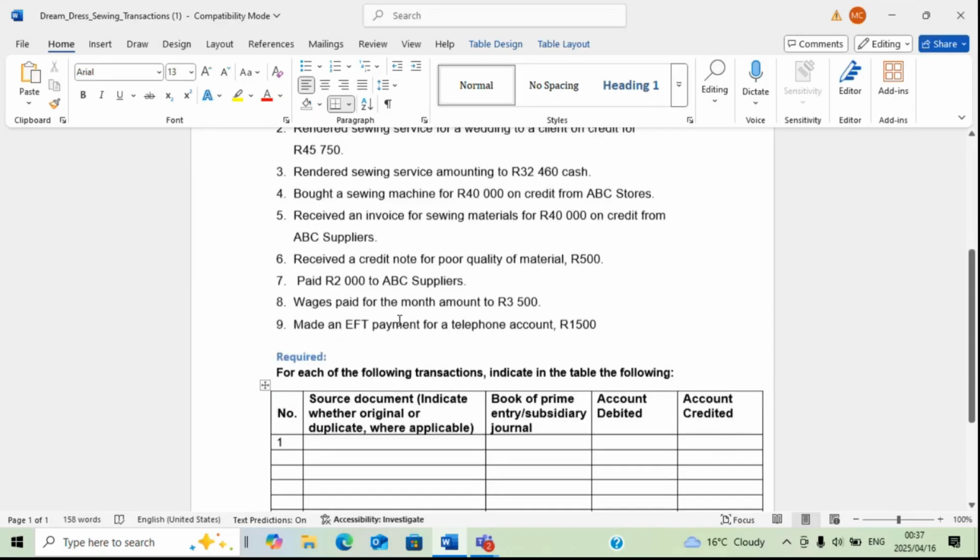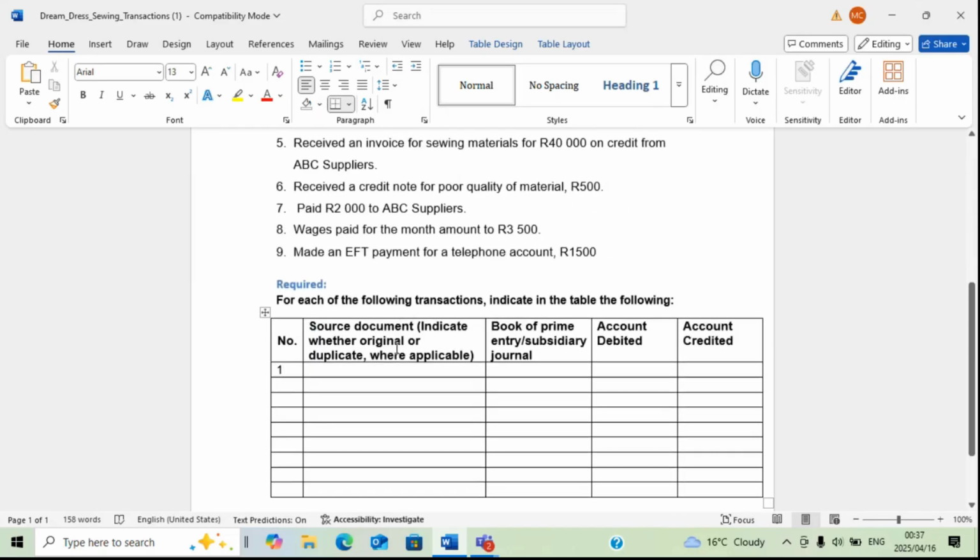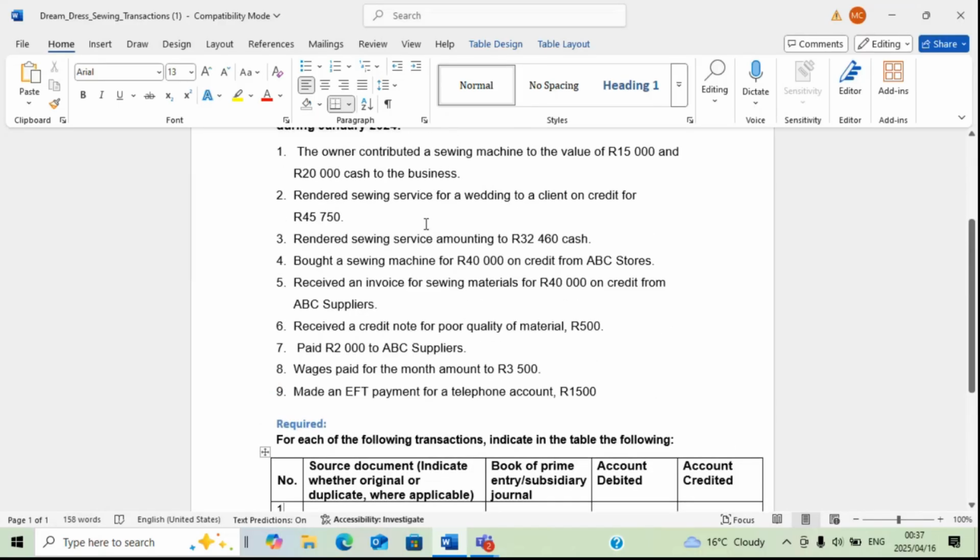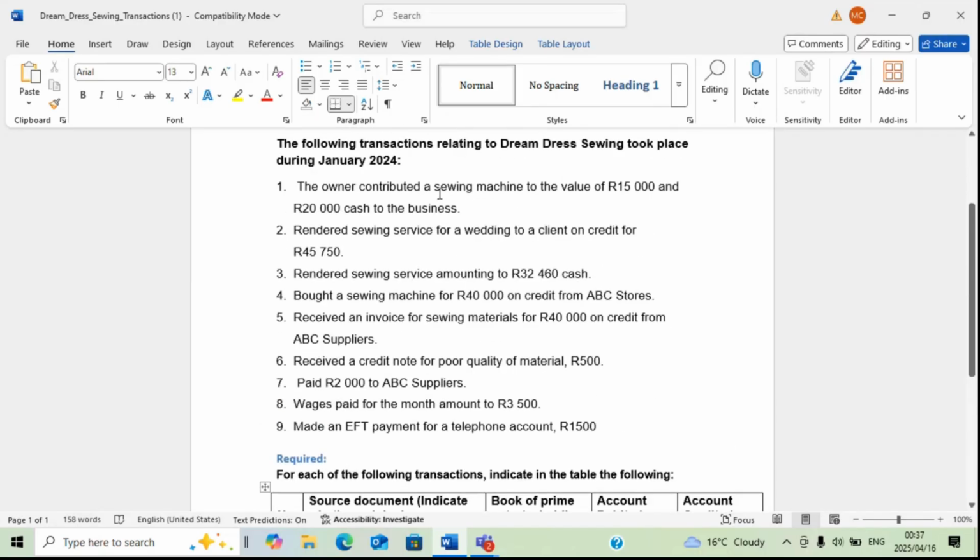So I'm going to start with the one where the owner is contributing the machine, right? When the owner is contributing the machine, the 2 accounts affected are capital and the machine itself.